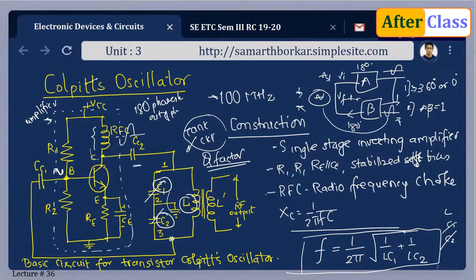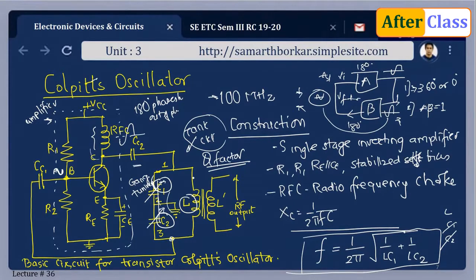We connect these two capacitors together, and by changing this slider, the values of C1 and C2 are changed simultaneously. So this is what is referred to as gang tuning. The same thing is employed for the RC phase shift oscillator. If we make use of 3 RC sections, then those 3 capacitors are gang tuned.